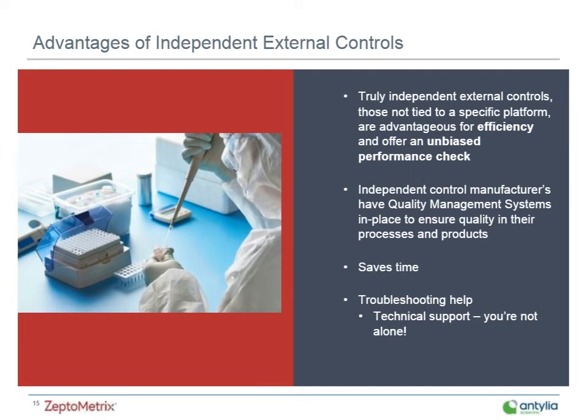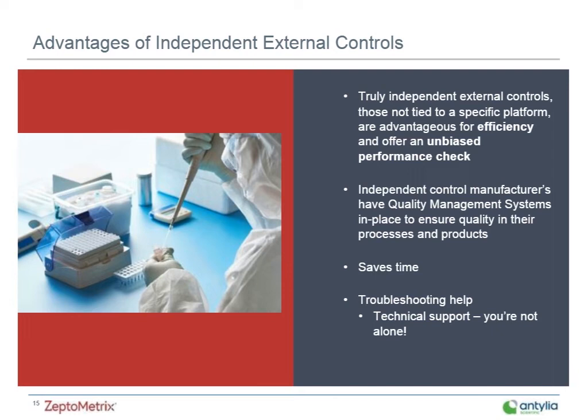Independent quality control manufacturers have their own quality management systems in place. So when you buy from them, you're ensured quality in their processes and their products when it comes through your door. It can save time. Obviously, you might think you might be saving money by making these controls yourselves.